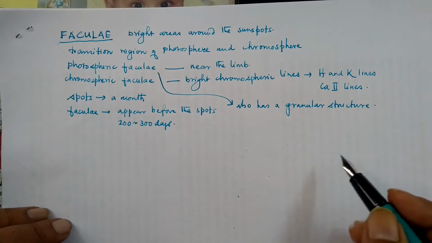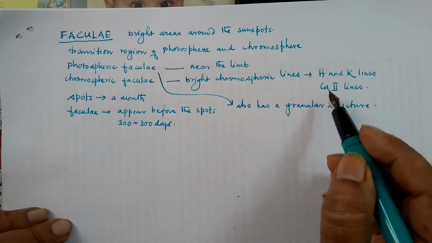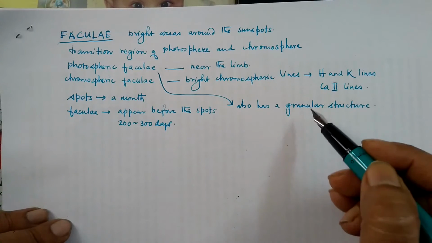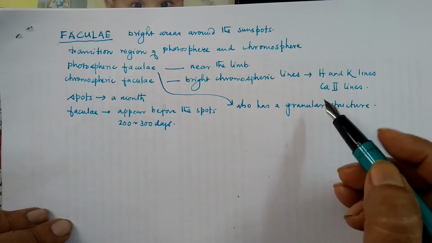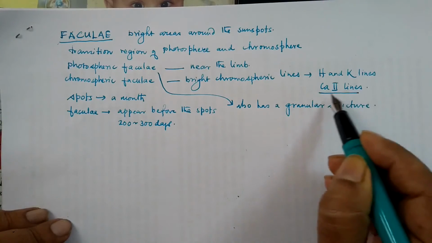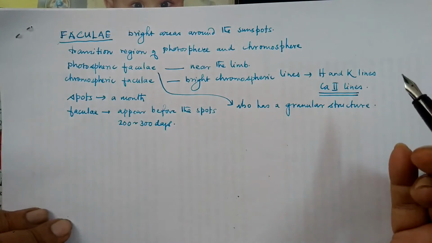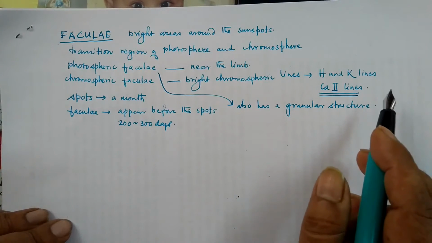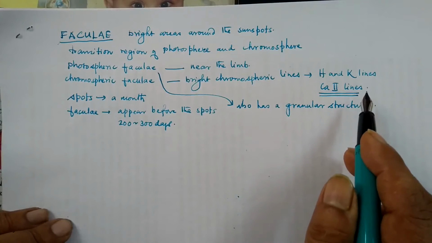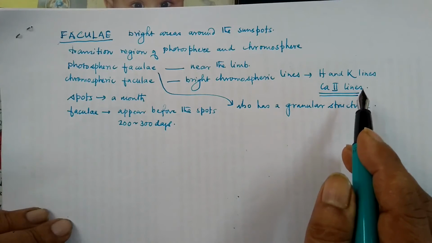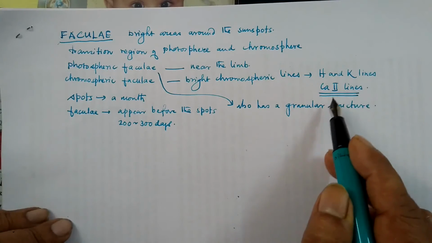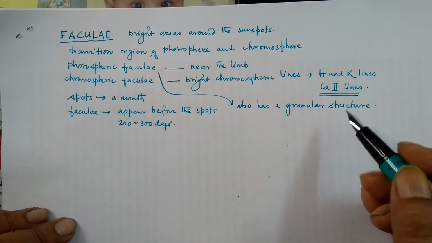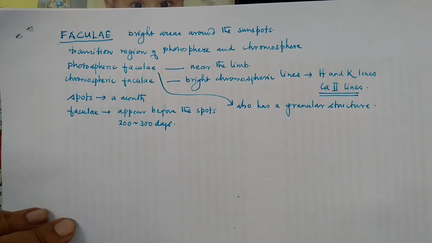Now we observe the chromospheric faculae using these H and K lines and Ca II lines. These are studied more extensively, because these are brighter. Now there are certain characteristic differences between these lines.